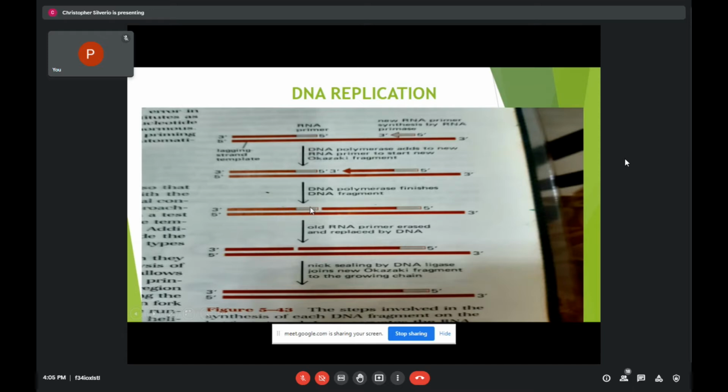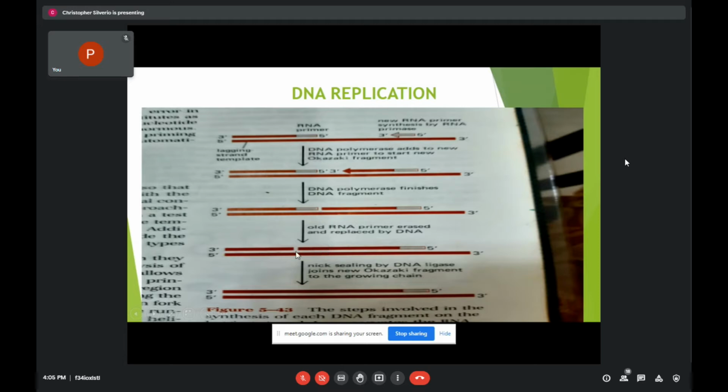And what will happen to this RNA primer? This RNA primer will be removed. Okay? And this is what happened now. So, these two DNA strands are about to join.